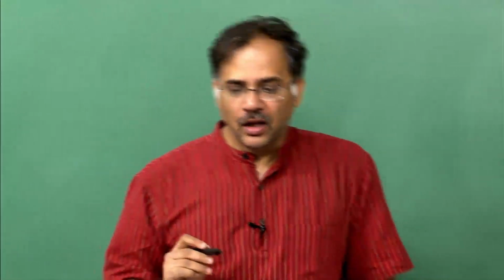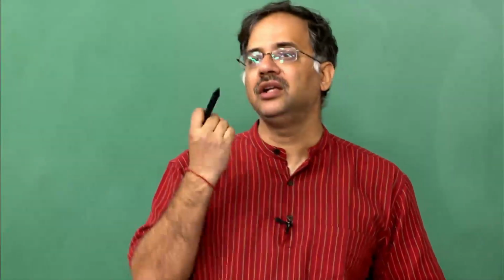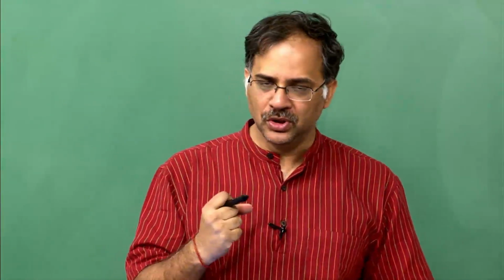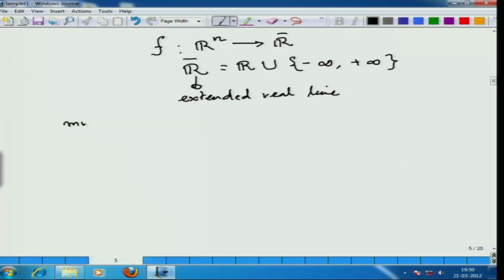So, how do I theoretically convert a problem with restrictions on the variable to a problem which does not have restrictions on the variable? If you look at the problem that we are dealing with, minimize f(x), x an element of C, then this is a constrained problem. This has a restriction that x is restricted to C.